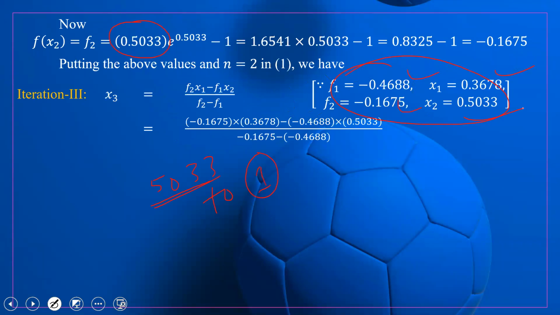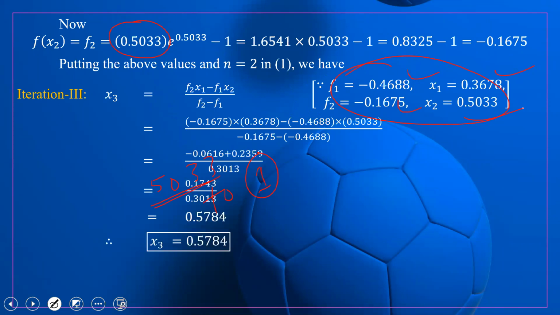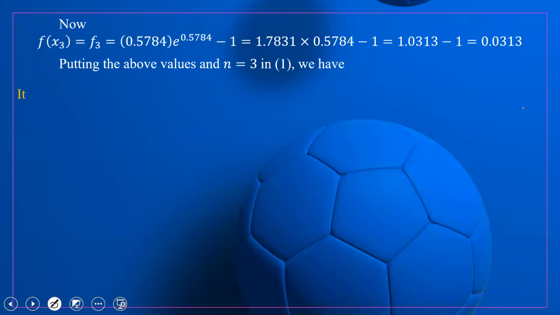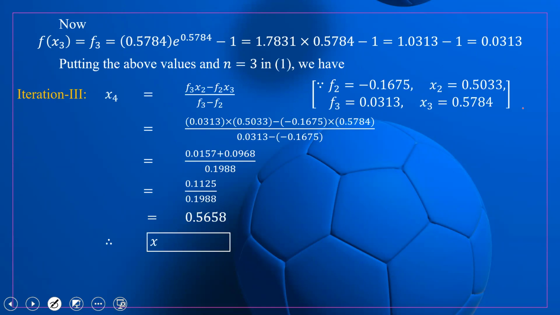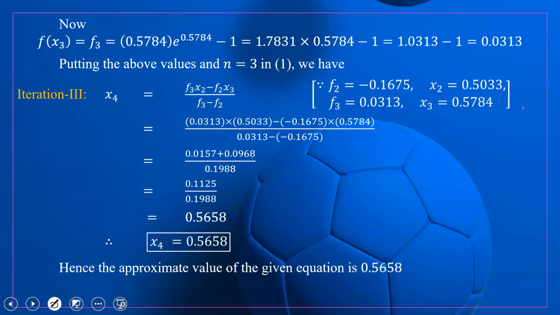And if we calculate it, the value will be wrong over here. Okay, so I will correct it and send you. So this is the second method. Again, x3 we can calculate, and the approximate value of the given equation is this. Okay.